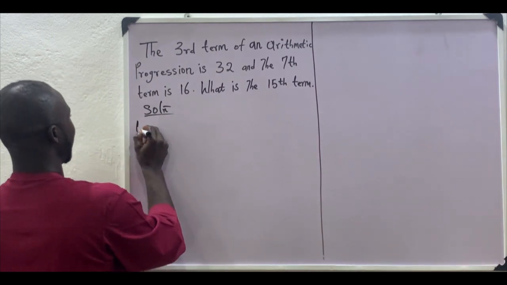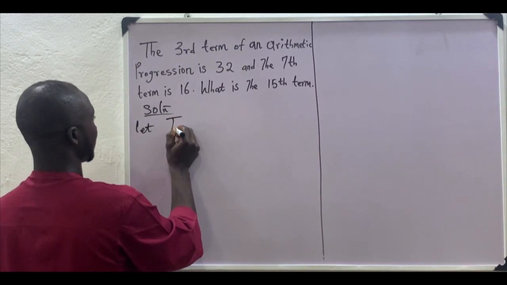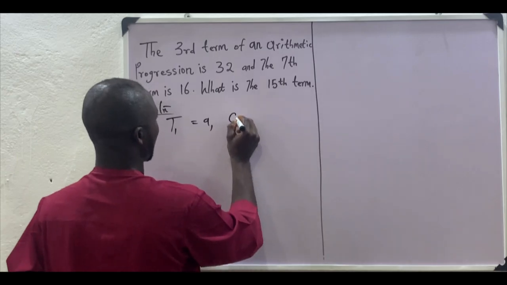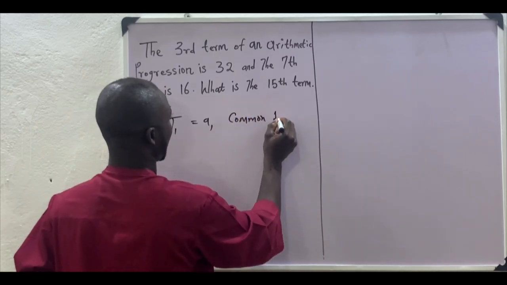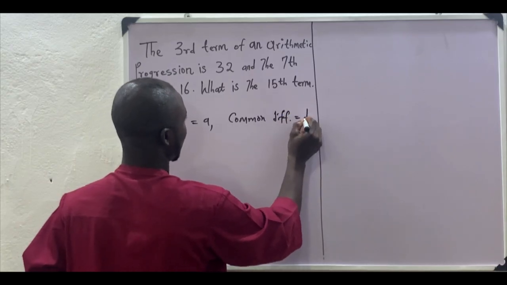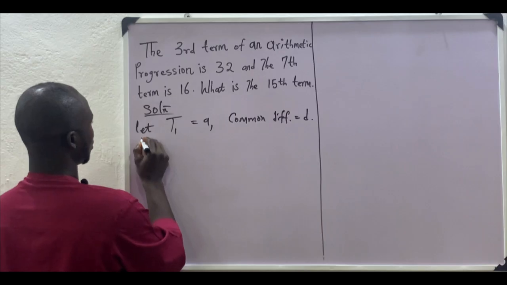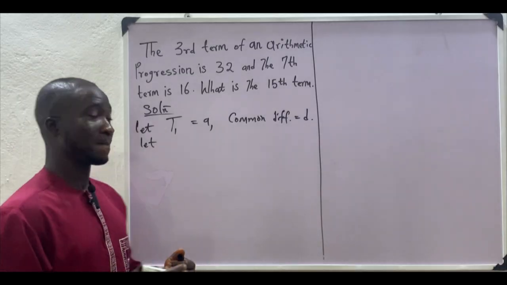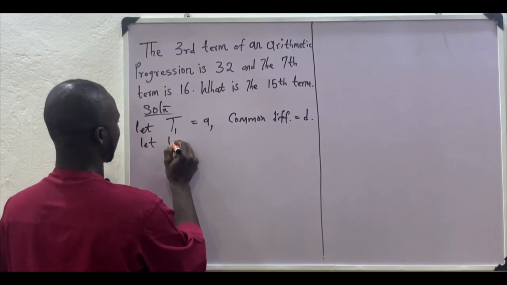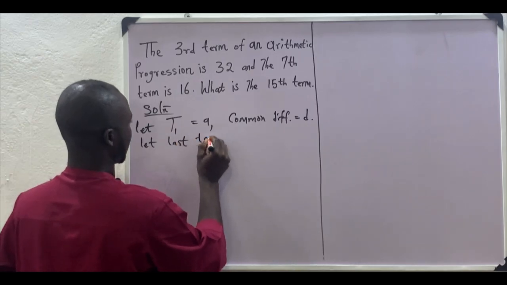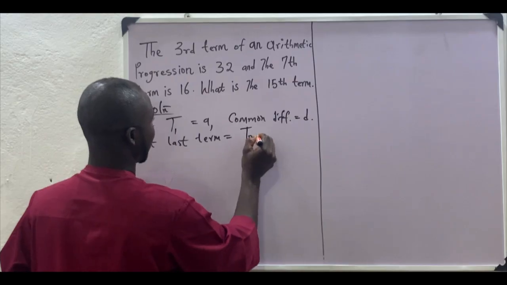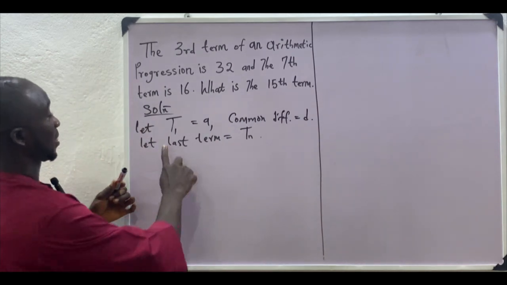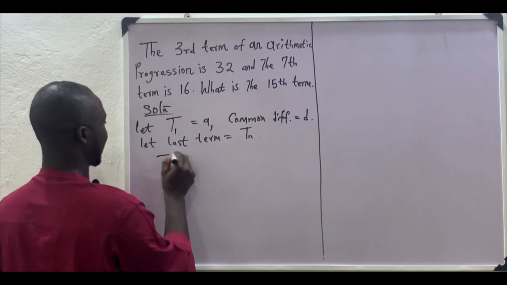That is, if we let the first term of the sequence, usually denoted by t1, be a, and the common difference be denoted by the letter d, and we also let the general term of the sequence, or the last term, be denoted by tn.